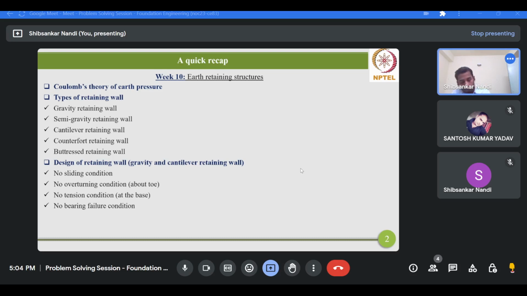So if this is the retaining wall, this is the backfill surface which I am talking about, and this is the backfill material. Now at the interface, sorry, this is not the backfill surface, this is the retaining wall backface.